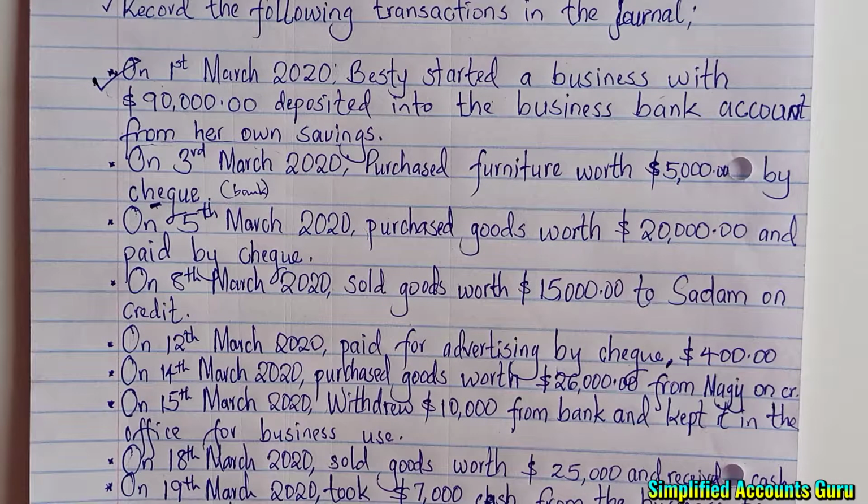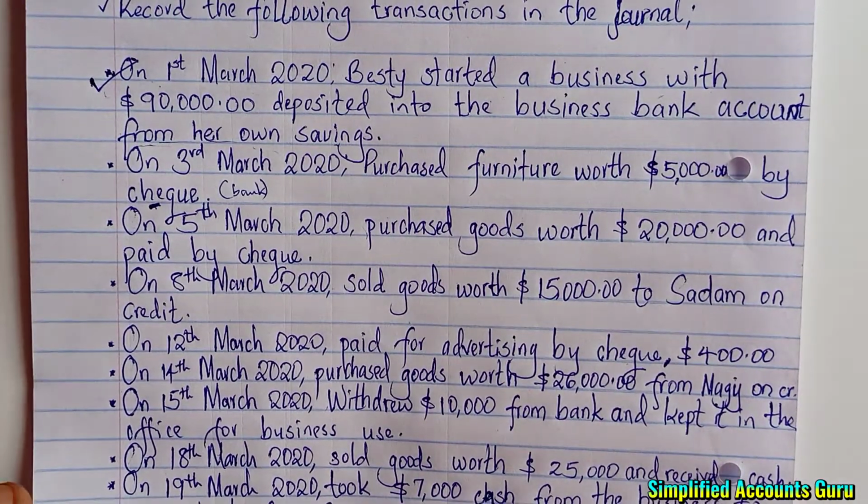And remember, they fall in two different categories of assets. Furniture falls under fixed asset or long-term asset or non-current asset, while the bank falls under current assets or short-term assets. So those are the only accounts that we need to feature on the face of the journal.